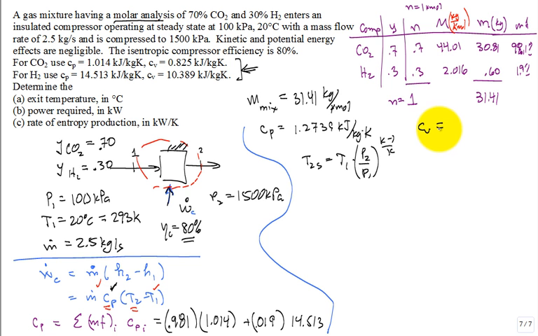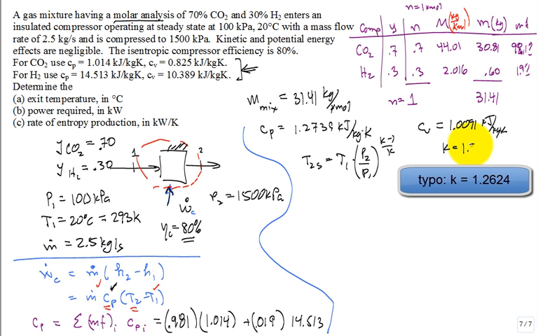If I went and got C sub V of the mixture, it would be 1.0091 kilojoules per kilogram Kelvin. If I knew C sub V of the mixture and C sub P of the mixture, can I get K of the mixture? Ratio of specific heats. And so the K of the mixture comes in at 1.2323. It's close to 1.4. It wouldn't have been far off from 1.4, but there's a better number right there. Okay?